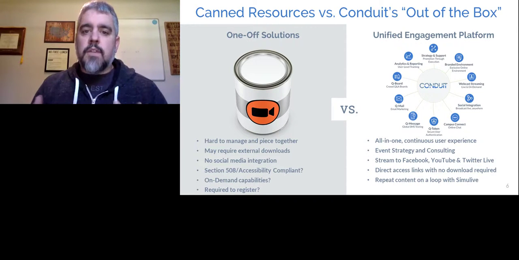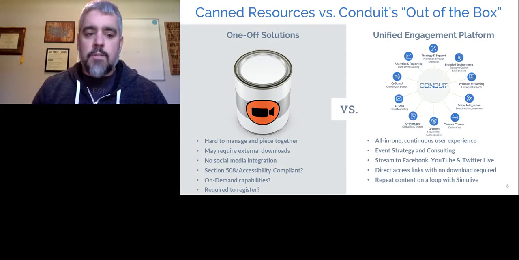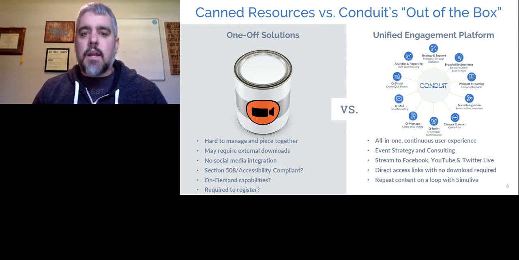Whereas with Conduit, everything kind of comes out of the box, right? That strategic support, the event strategy and consulting, the streaming capabilities across multiple platforms, making it directly accessible and available, the institutional branded environment. These are all things that come along for the ride as part of the overall plan.